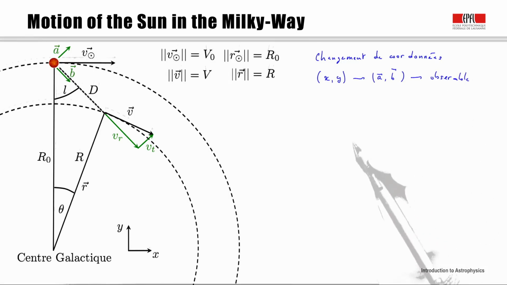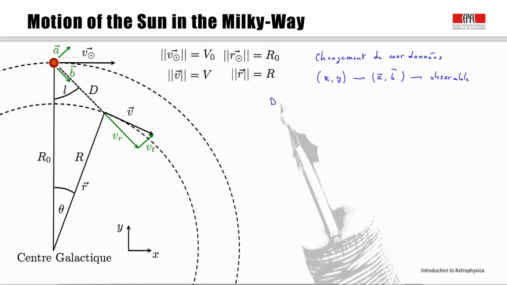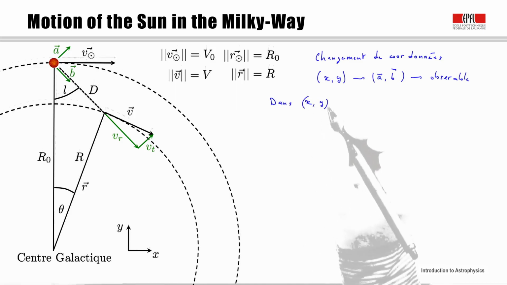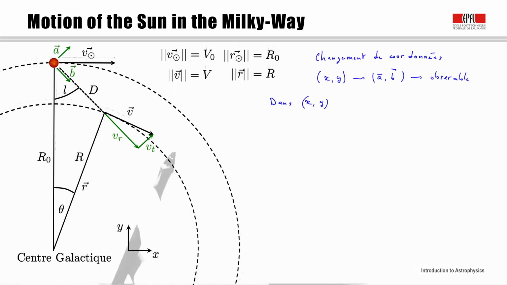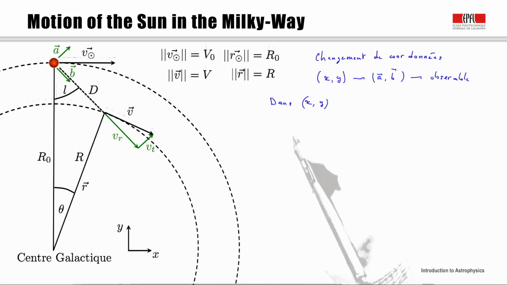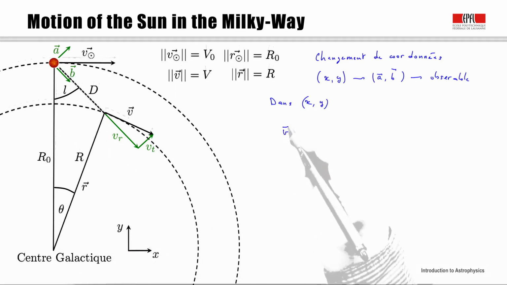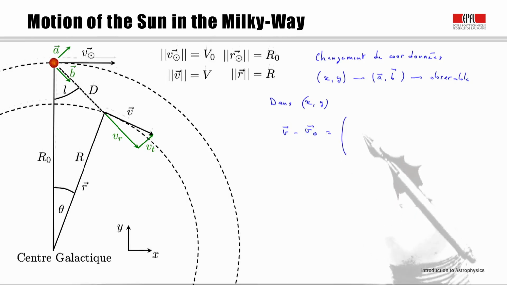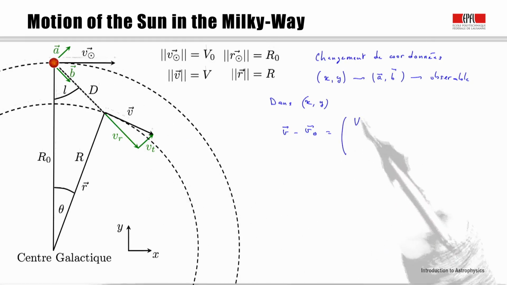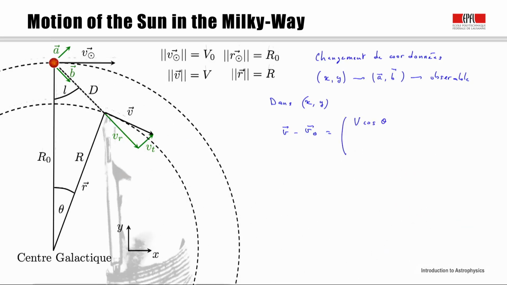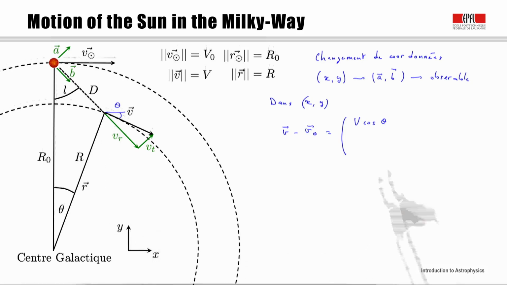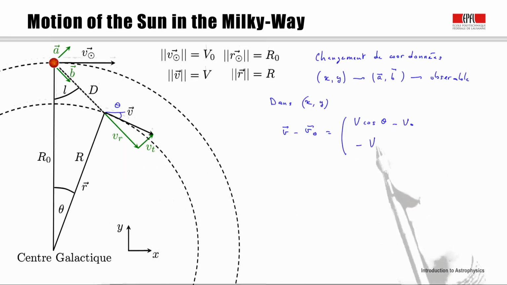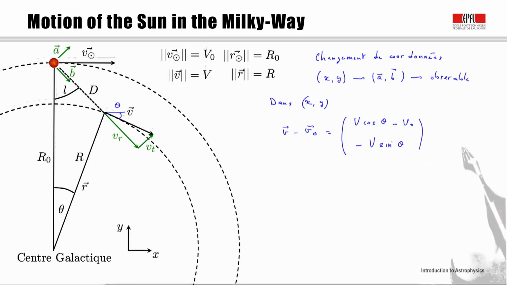In Cartesian coordinates, in the xy reference frame, one can express the velocities with regard to the sun's velocity. V minus V of the sun is equal to, as the angle is here, V cosine minus V0 for the x-axis, and minus V sine for the y-axis.